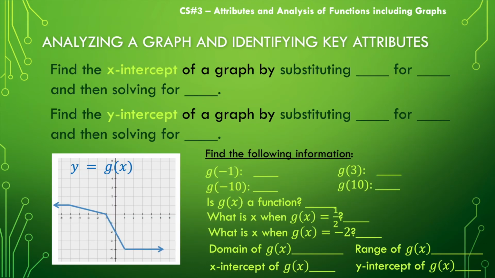Okay, let's try another thing. This is where we are going to recall how to find an x-intercept and a y-intercept of a graph, okay? So when you have a function, you can definitely find the x-intercept by substituting a 0 in for y and solving for the x value. That makes sense, right?